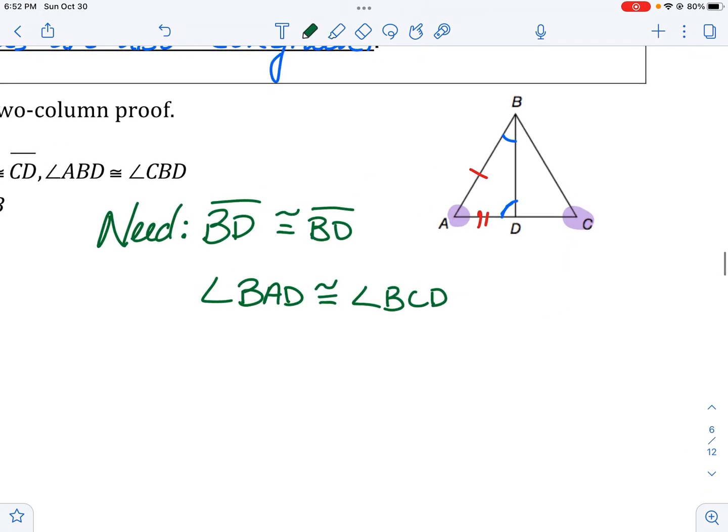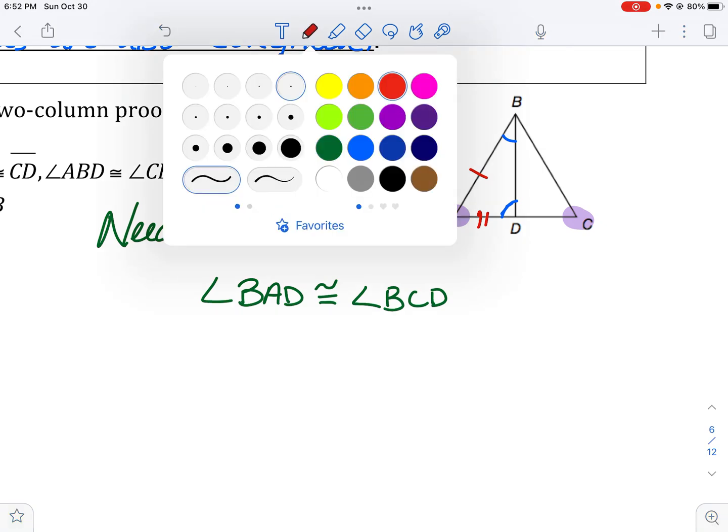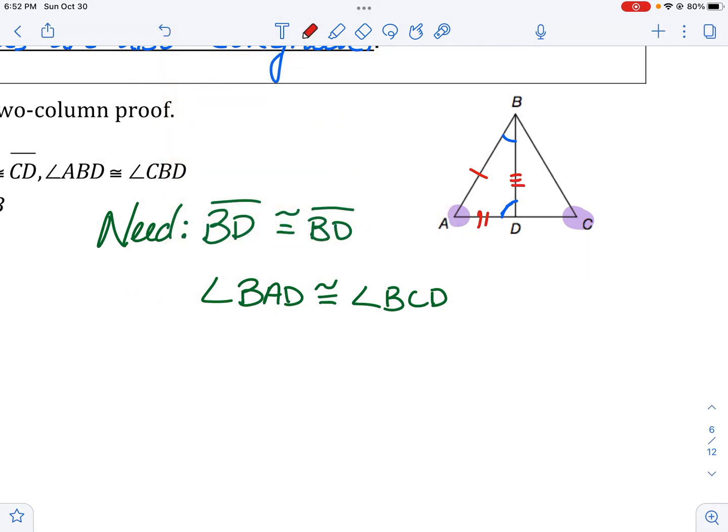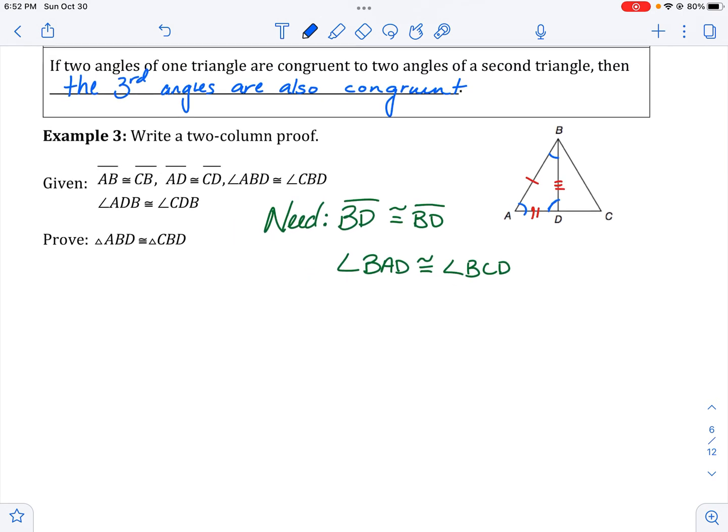And if I were to get those two things marked in, this side and this angle, then I would have everything marked. I would have three sides, 1, 2, 3. I would have three angles, 1, 2, 3, which means my triangles must be congruent.